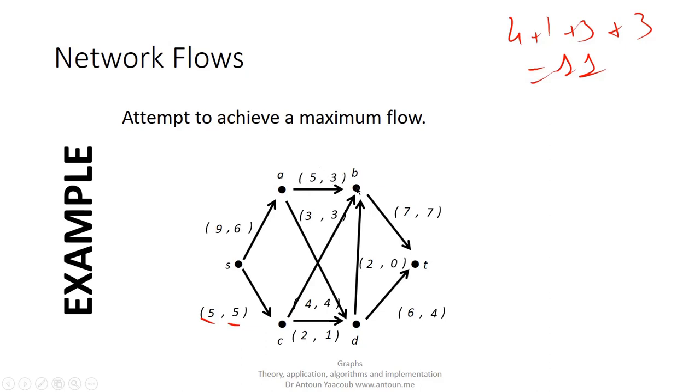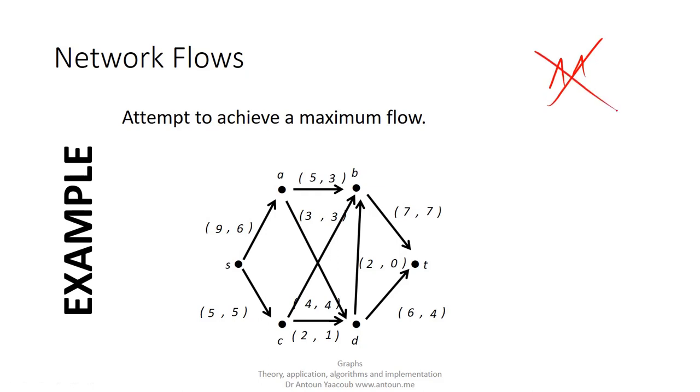However, from this vertex I need to use this one, but it's already saturated. So at first look, this is the maximum flow. However, this is not the correct answer. So the total flow is 11, but 11 is wrong. So the correct answer is equal to 12.